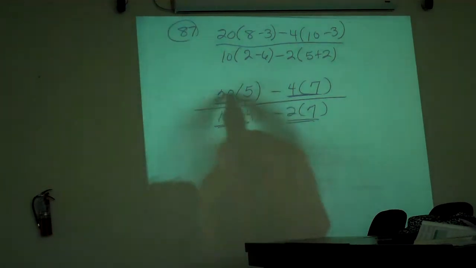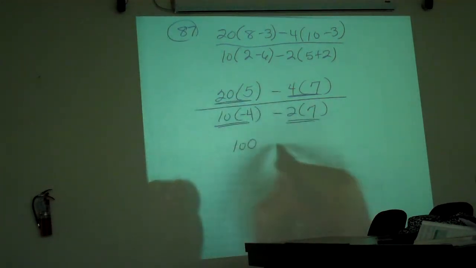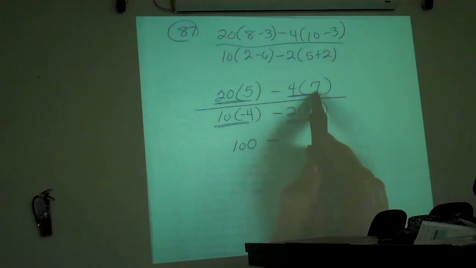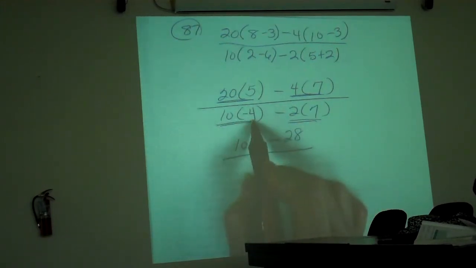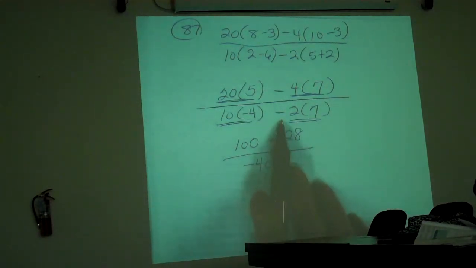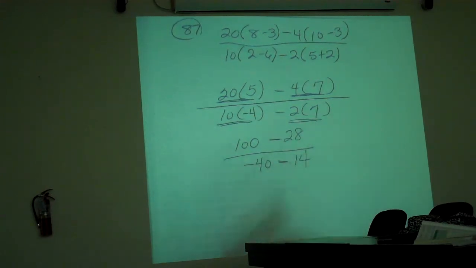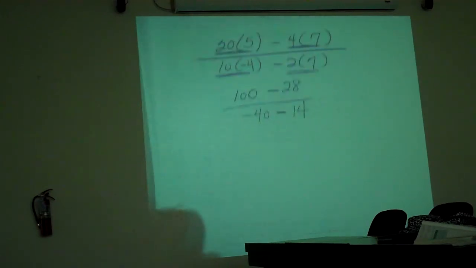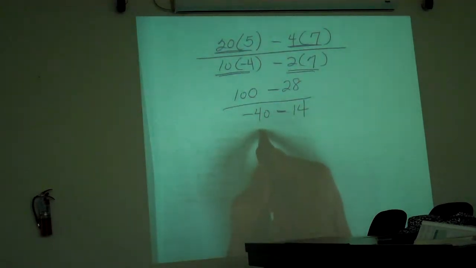Okay? 20 times 5 is 100. 4 times 7, 28. 10 times negative 4, negative 40. Minus 2 times 7, 14. So it's minus 14, right? Okay, 100 minus 28, 72.